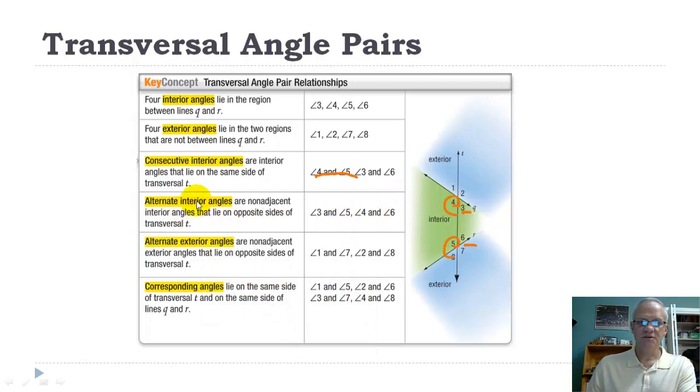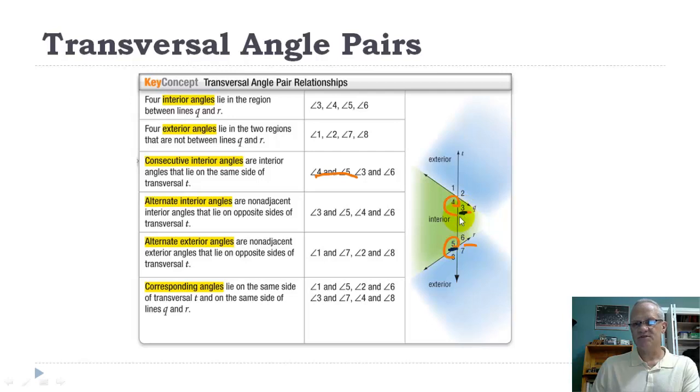All right, so alternate interior angles. Okay, but again, it says interior, so they both have to be interior. What does alternate mean? It means kind of like across, back and forth, right? Or alternate, it's like on different sides. So alternate interior angles mean they're the angles that are both interior but are on the opposite sides across from each other. So for example, here 3 and 5, I'm doing this in blue, those are alternate interior.